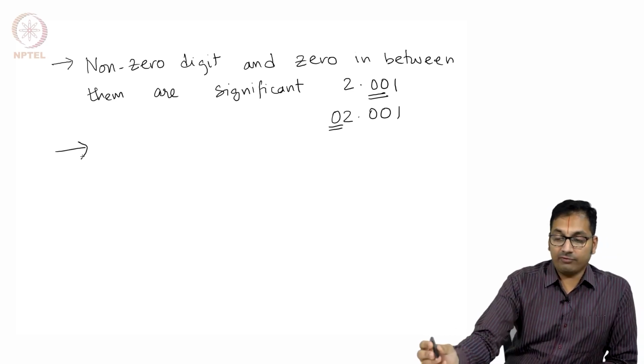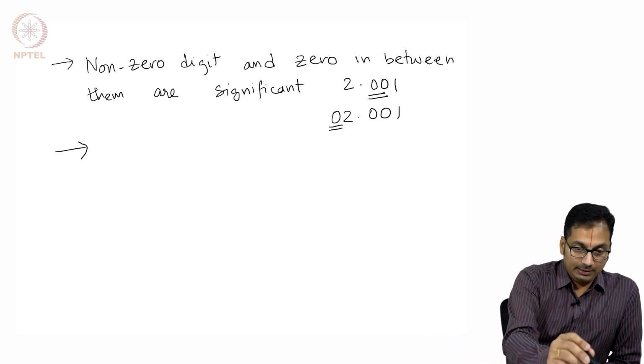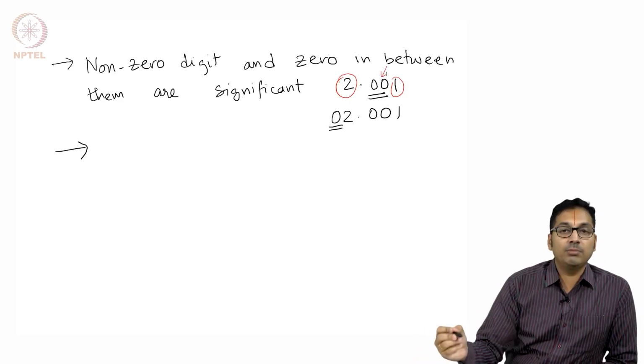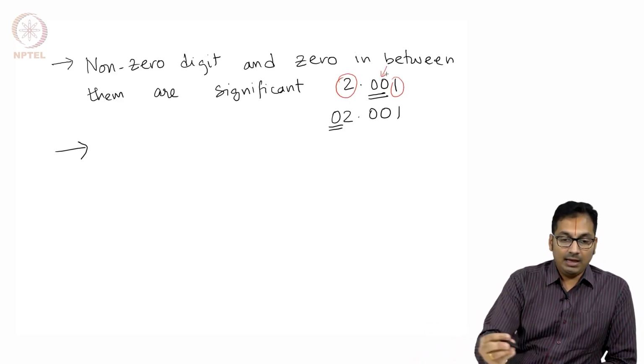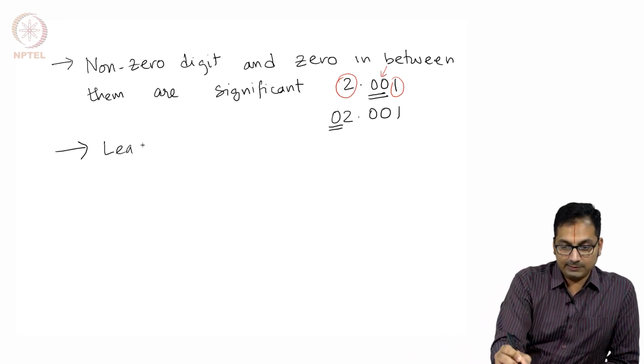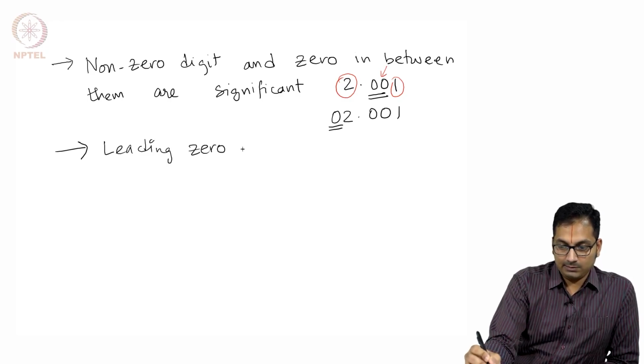So that is our next point. Of course, let me reiterate the first point. These two are non-zero digits and zeros in between them are indeed significant, and any number, so let us talk about leading zeros. Leading zeros are always insignificant.